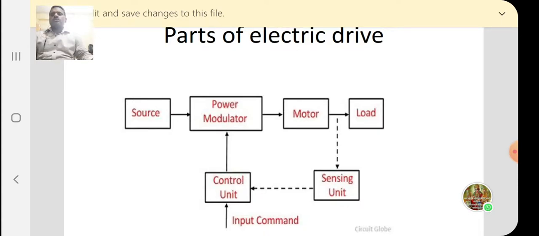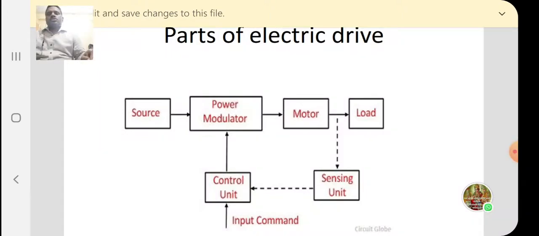For controlling this motor, we use a closed loop path so that the motor is controlled more effectively and efficiently. That is why we use the sensing unit and the controlling unit, which gives an input command to the power modulator. So this system is known as an electric drive.